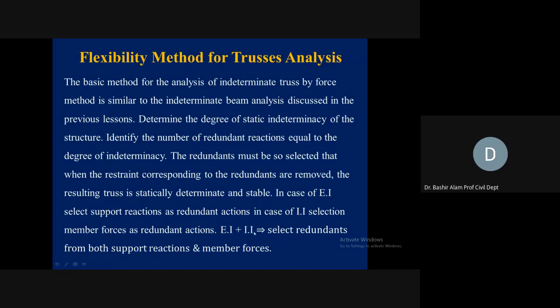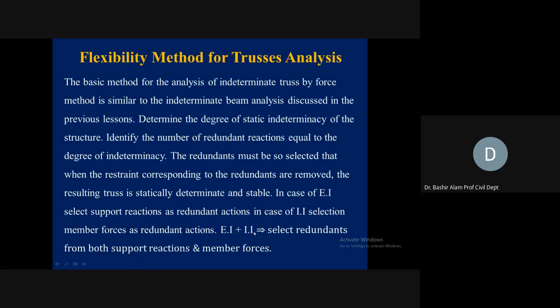Now, 3 kinds of indeterminate trusses we can have. One is external indeterminacy, and external indeterminacy, remember, is related to the support conditions. How is it found? It is equal to the number of unknown reactions minus the available equations of equilibrium.